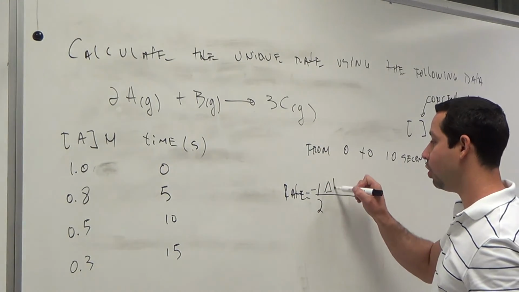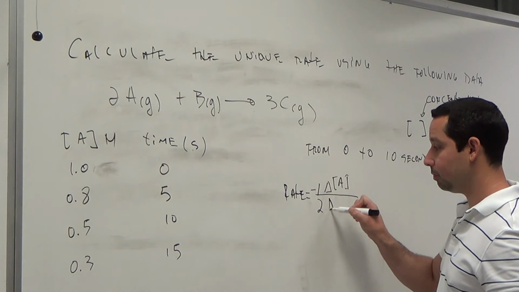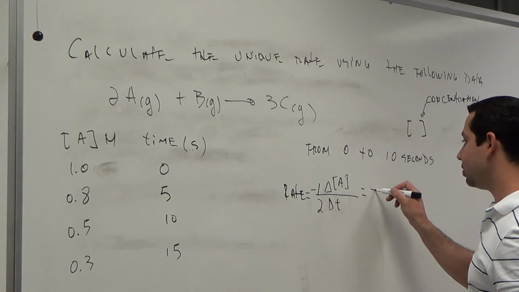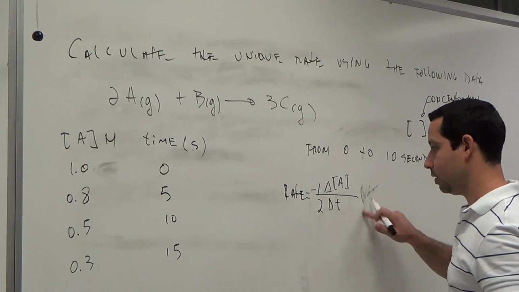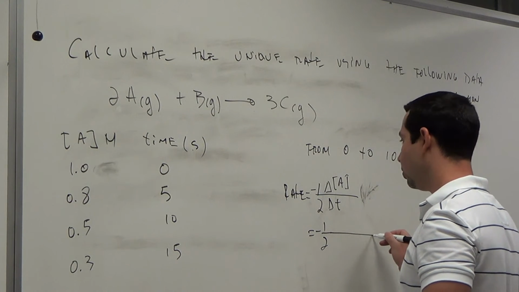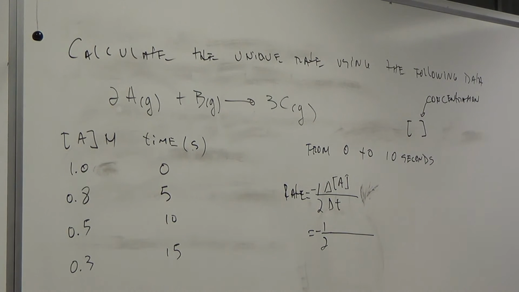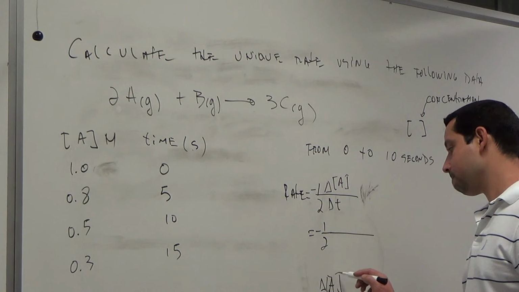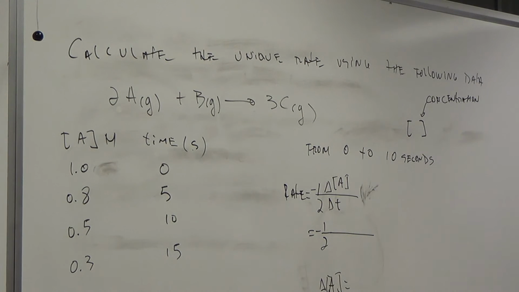Rate equals change in concentration of A divided by change in time. So this is equal to minus 1 divided by 2 times the change in concentration of A. What's the change in concentration of A? It is final minus initial, yes?